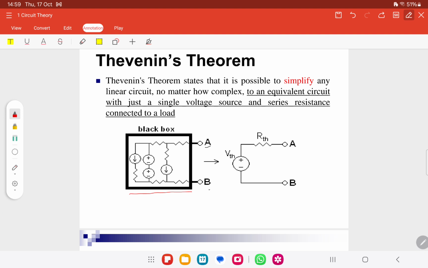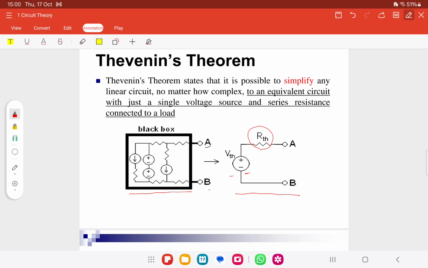In the black box maybe ada few resistors, few voltage sources, few current sources. We want to replace with one voltage source, which we call the Thevenin's voltage, VTH, and then replace with the RTH, Thevenin's resistor. So this one we'll call the Thevenin's equivalent circuit.